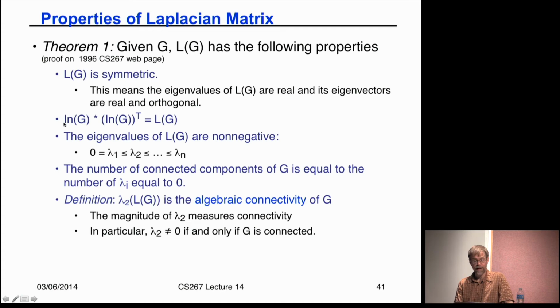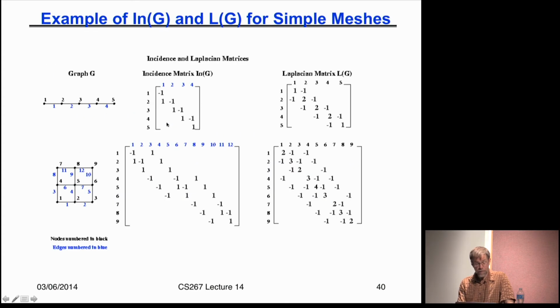More interestingly, if I take the incidence matrix and multiply it by its transpose, I get the Laplacian. So let's think about what that means. Let's go back here. I want to take this matrix and multiply it by its transpose. That means I'm going to take the dot product of 2 rows. That's what it means to multiply by the transpose. So I would take the dot product of, let's say, this row with itself. What does that do? It's just going to count the number of 1's in that row. And that's the degree.